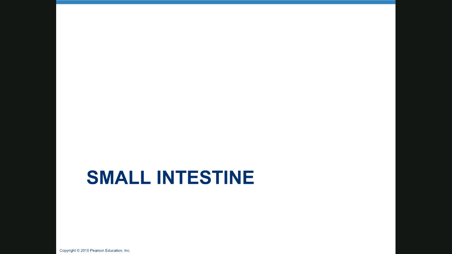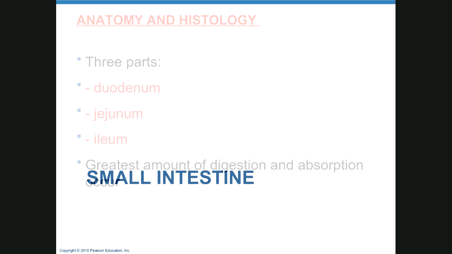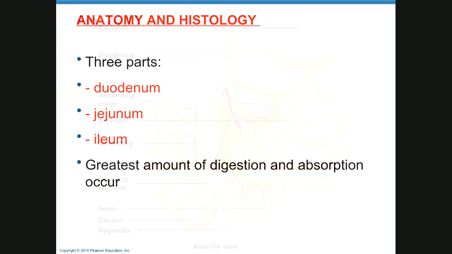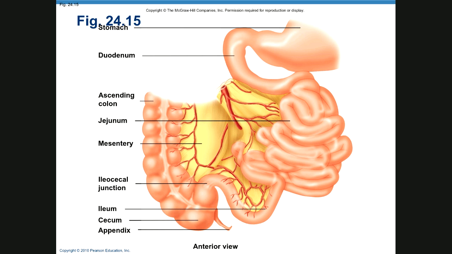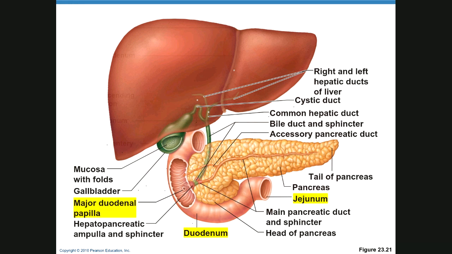Okay, so have an idea what's in each one of these phases. What are the secretions? This is going over the parts of the small intestine. This is the duodenum right here. And notice the relationship of the duodenum with other organs.